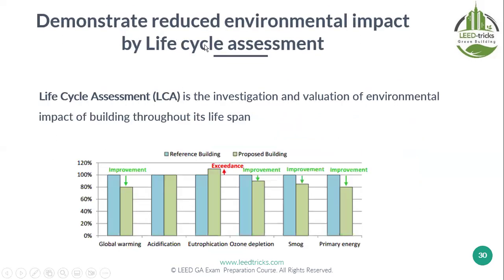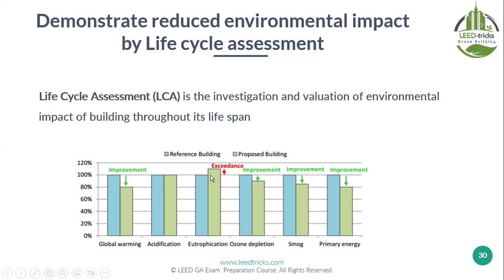The last option: when you send it to a consultant to make LCAs for you, they will give you a result like this. Life cycle analysis is the investigation and evaluation of the environmental impact of a building throughout its lifespan. They always use software. This is the reference building, and this is the proposed building. The proposed building is your building design. So you make the LCA analysis for it and for the reference.